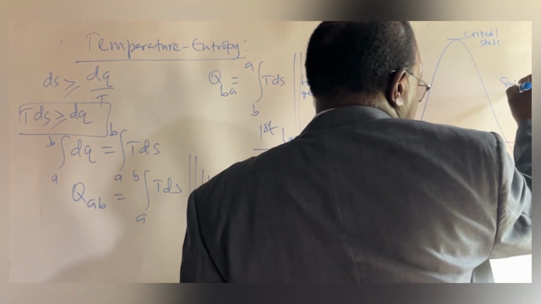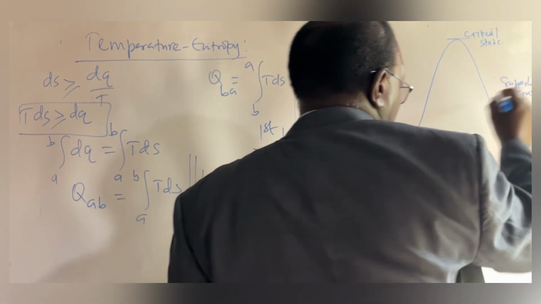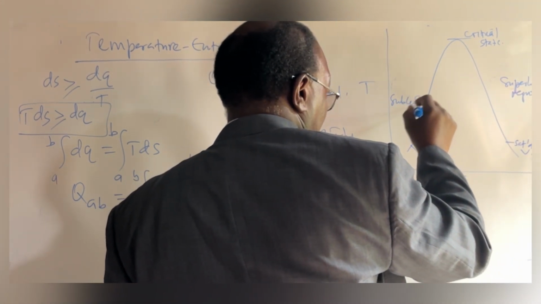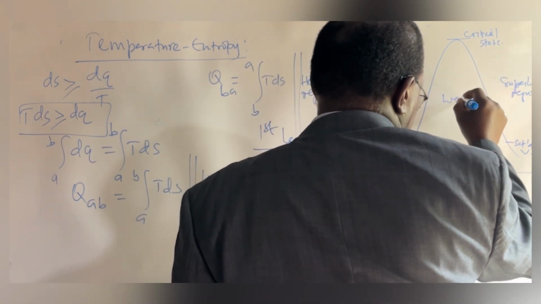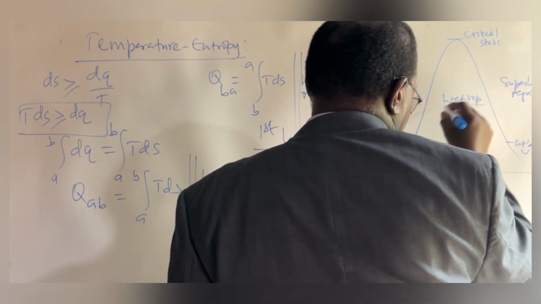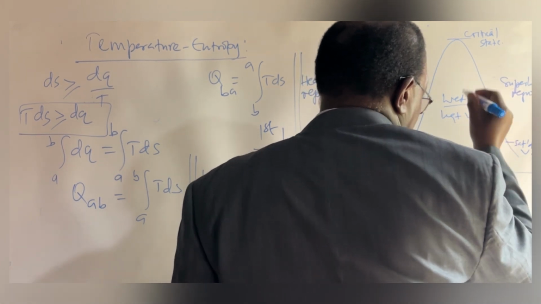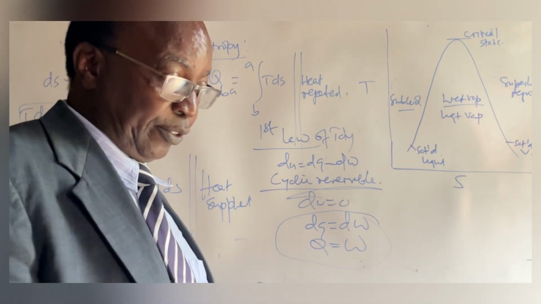Here we have the superheat region, the subcooled region. And where we have the wet vapor, in this region we have saturated liquid coexisting in equilibrium with saturated vapor. Very important for us to note.